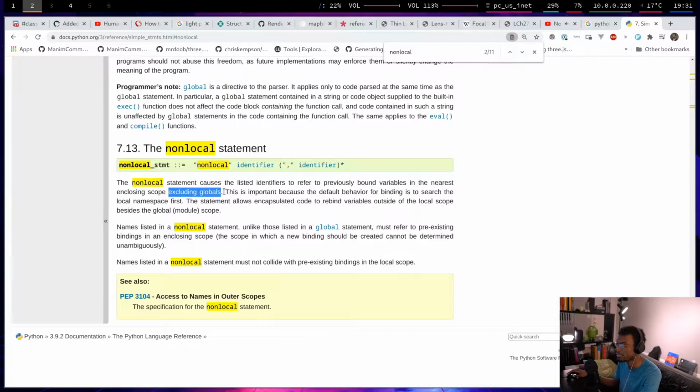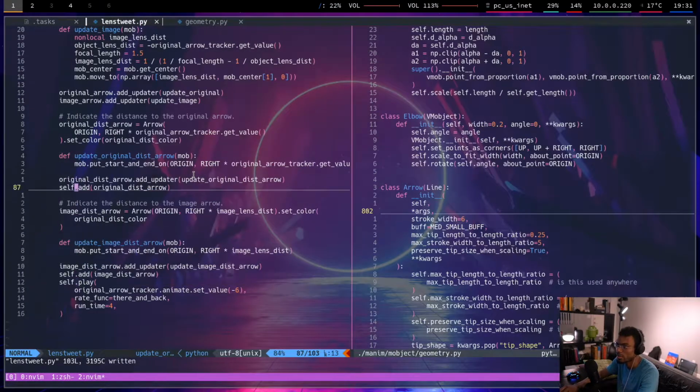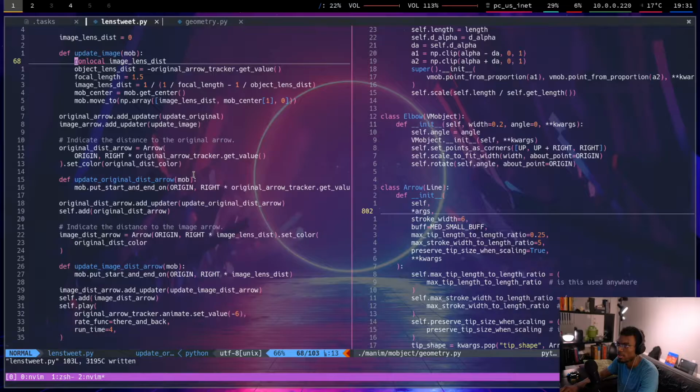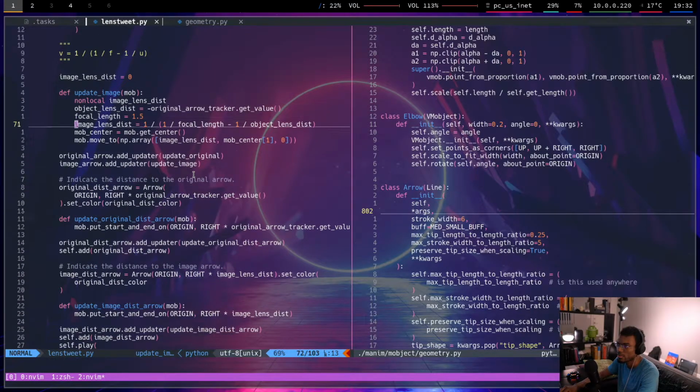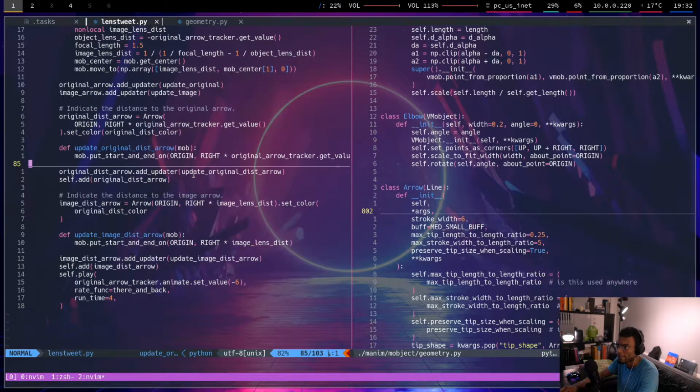So that's the difference. So that means it's just, I guess, going to continue looking in enclosing scopes until it finds one, not including the globals. It's probably bad code, though. I probably shouldn't have to do this. Oh well.